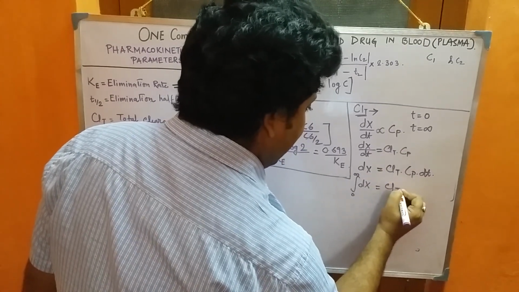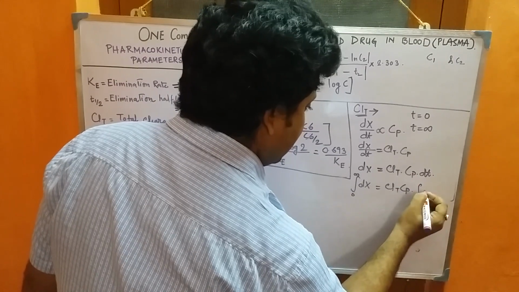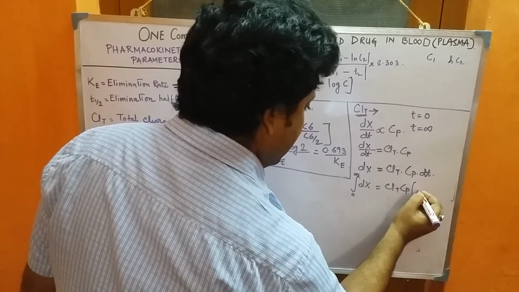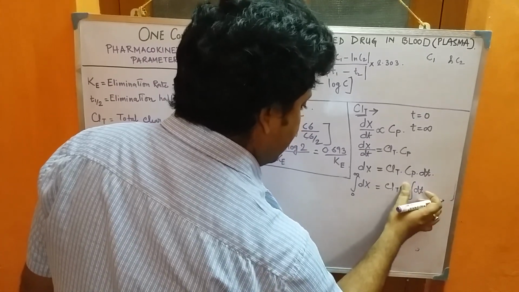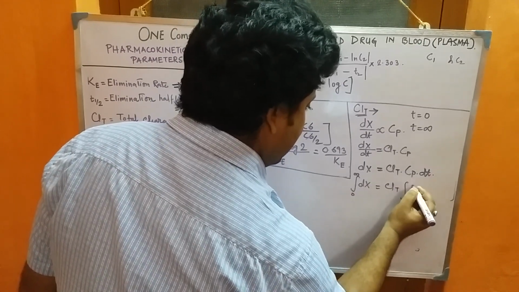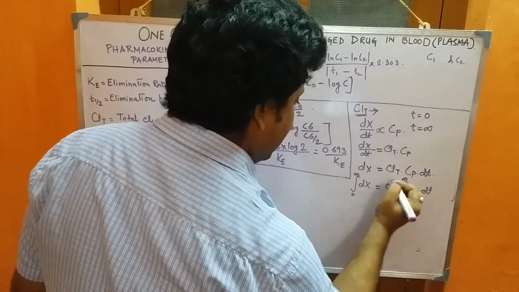So we will say it like this, Cp dt, 0 to infinity.